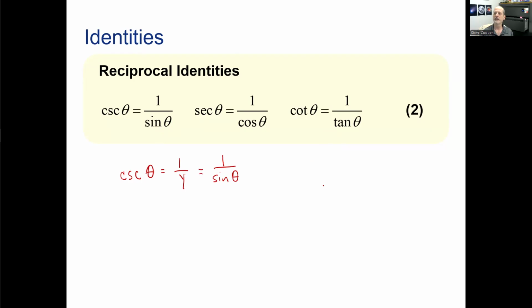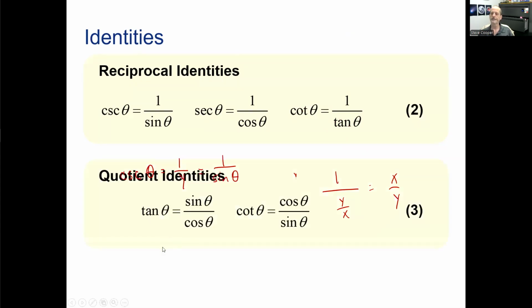And the cotangent, if I take 1 over the tangent, which is y over x, this forces me to flip that and make it x over y. And so that's why the cotangent can be described as 1 over the tangent of theta.